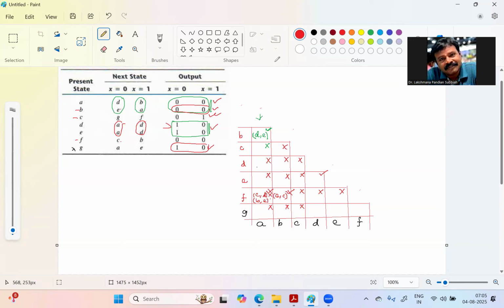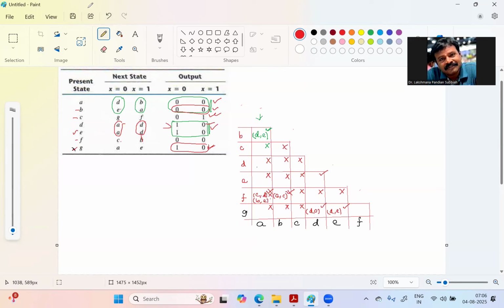DG has the same output, and it will also go to A. D is already a pair. Then EG is the same output, so EG can be paired, going to A, and D is already a pair.